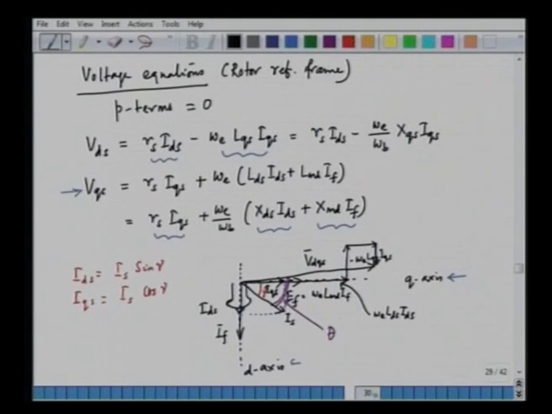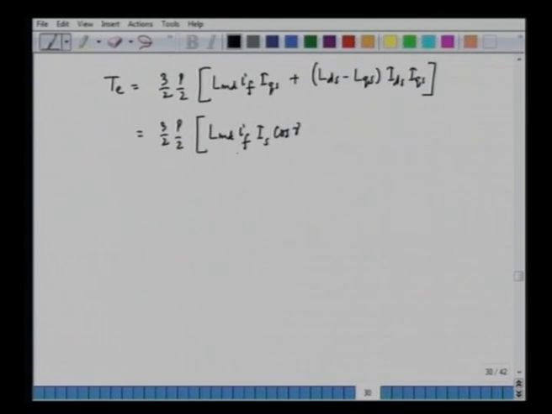That is why we have written LMD into IF into IS into cos gamma plus LDS minus LQS, and if we replace this IDS and IQS by IS sin gamma and IS cos gamma respectively, we get here IS square sin gamma cos gamma.